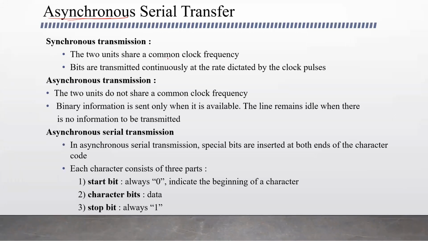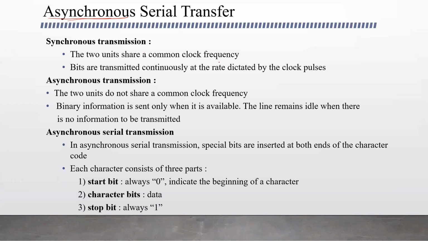The units are synchronized, meaning the two units that participate in the transmission of data share a common clock. The same clock pulse is used to time the data transfer. So the two units share a common clock frequency.